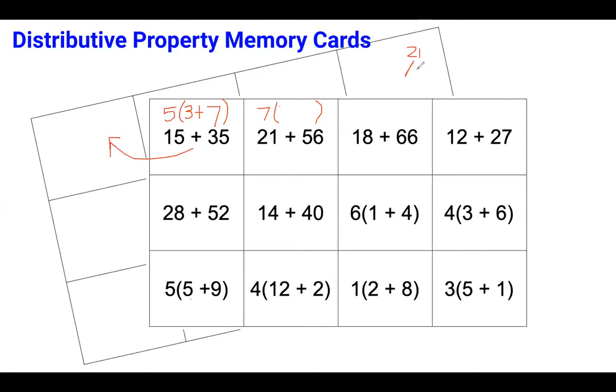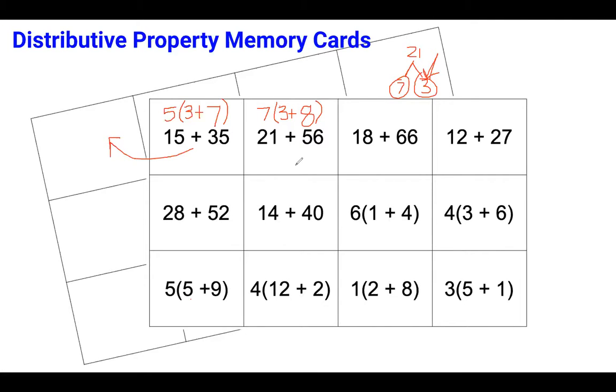If I took 7 away from 21, what factor would be remaining? 3. The 3 would be remaining, right? So if I took a 7 away from the 56, what factor would be remaining? 8. The 8, right? Or if you broke it down into primes, you would see 2 times 2 times 2 is left over, which you know makes 8.